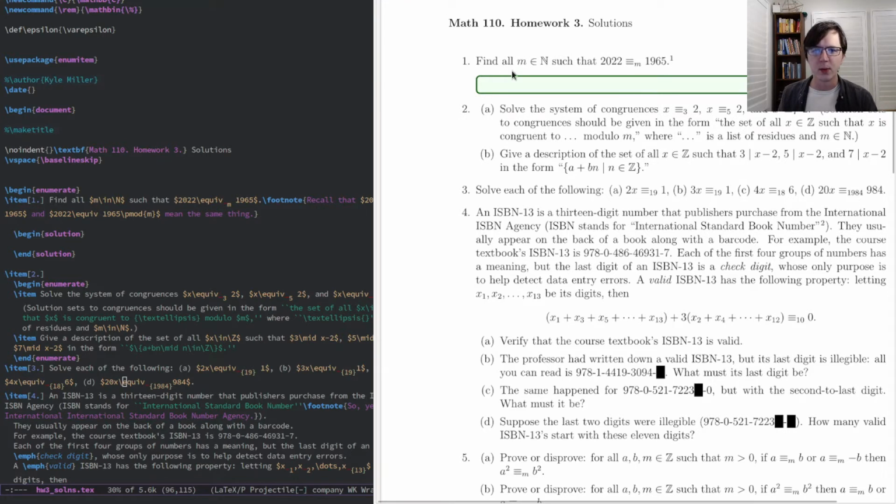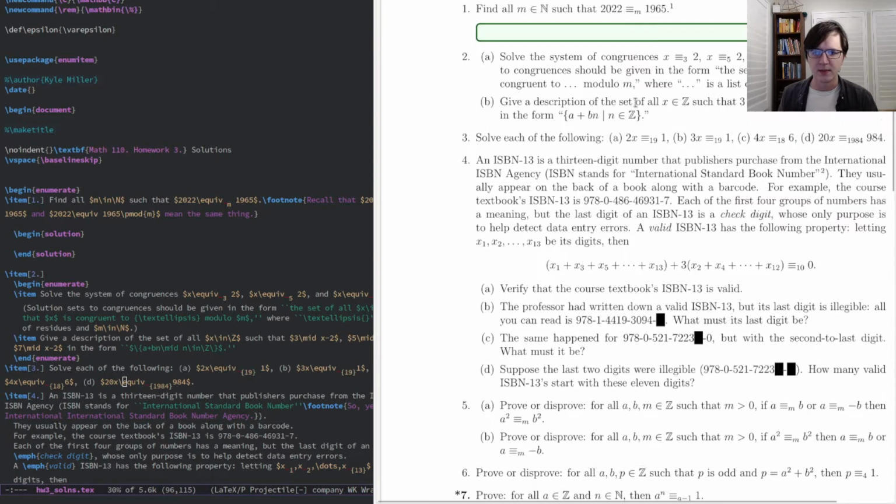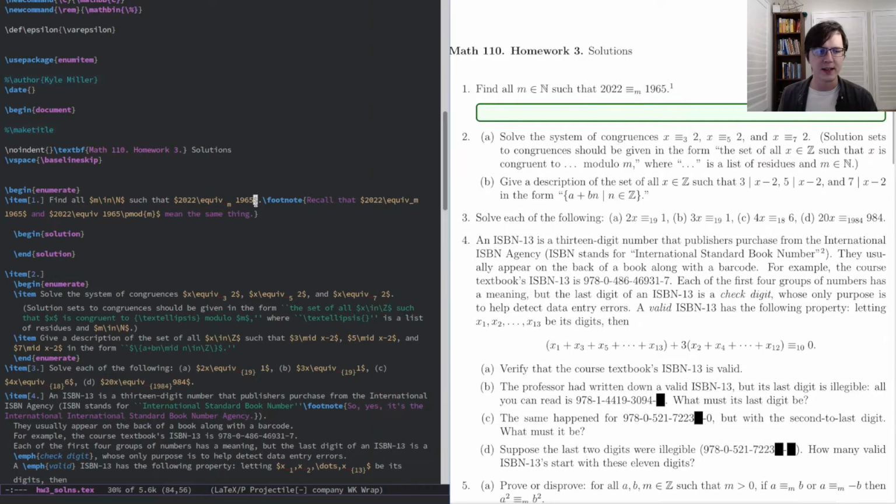So problem 1: find all the natural numbers m such that 2022 and 1965 are congruent modulo m. Now there's a footnote reminding us what that notation means, because we use two different notations in this class.